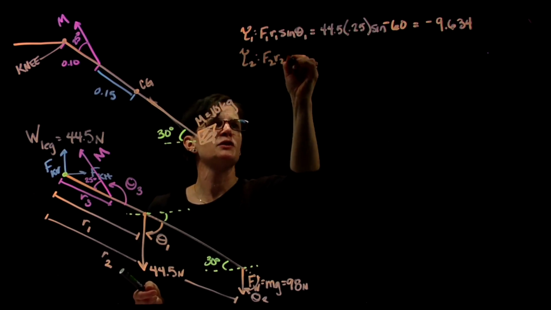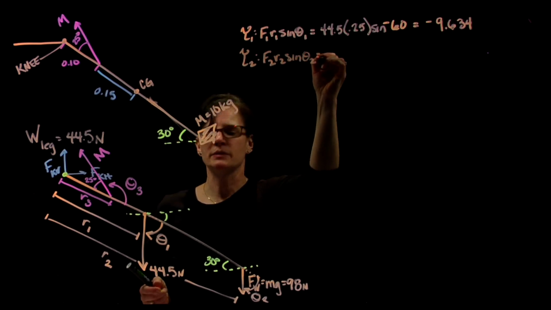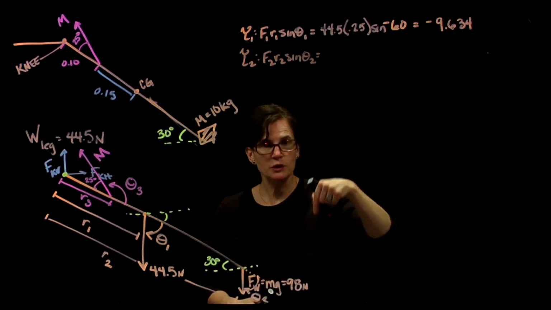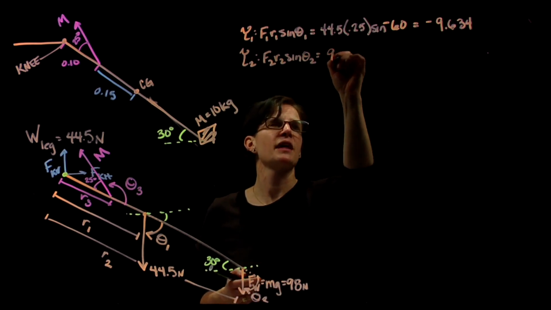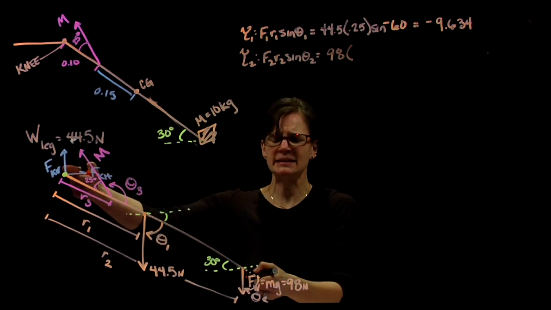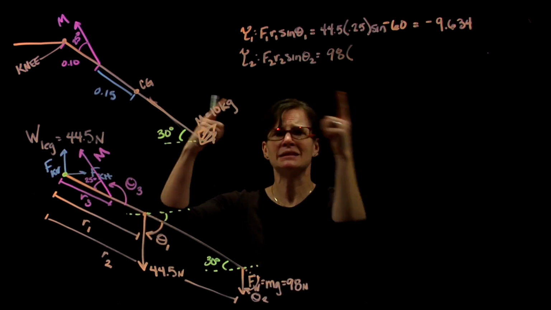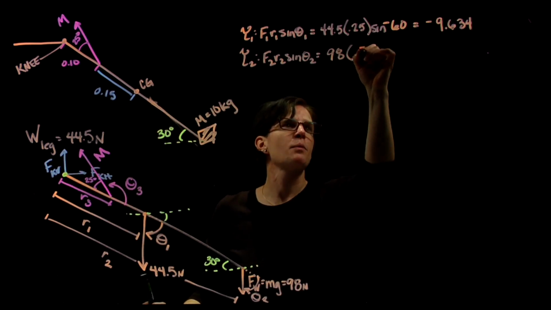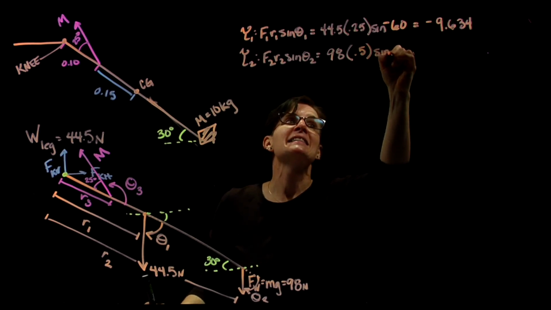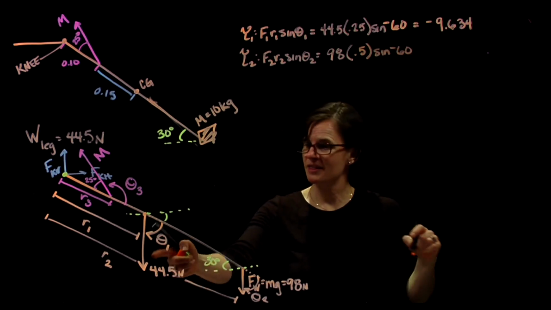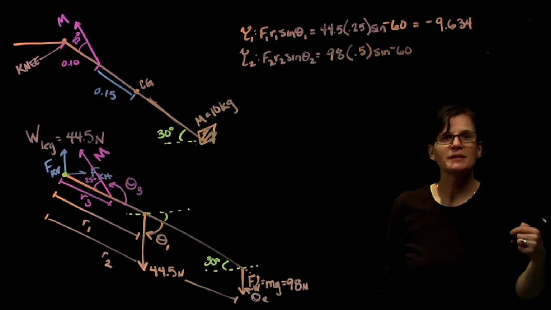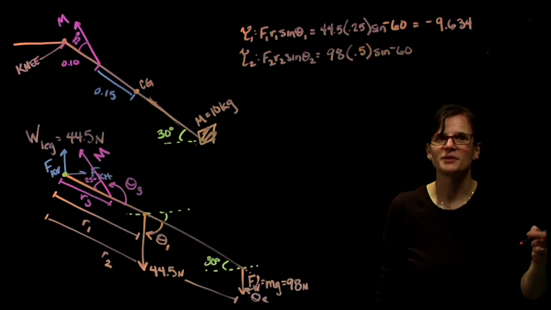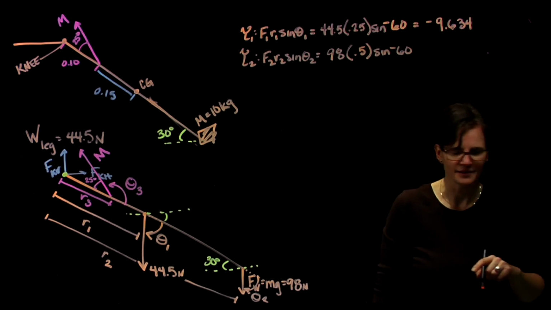Force 2, radius 2, sine of theta 2. My force pushing down is the weight of that mass, so that's 98. It's acting at the end of the leg, and we said that the leg is cut in half, so that's 0.5. And similar to my analysis of the first force, it too is acting at negative 60. If you're not sure about that, go back and double check that analysis.